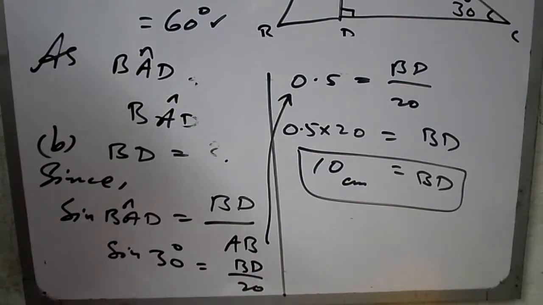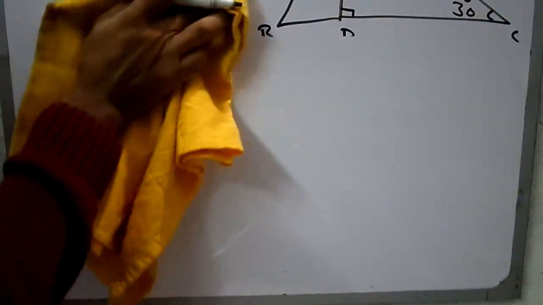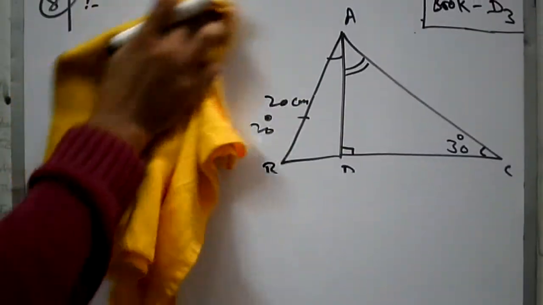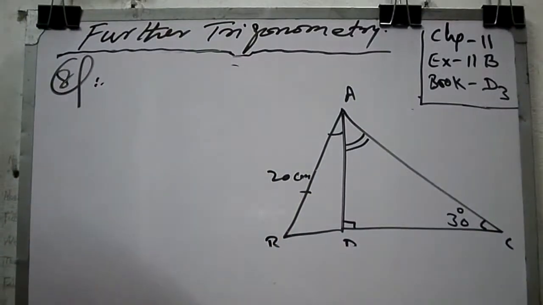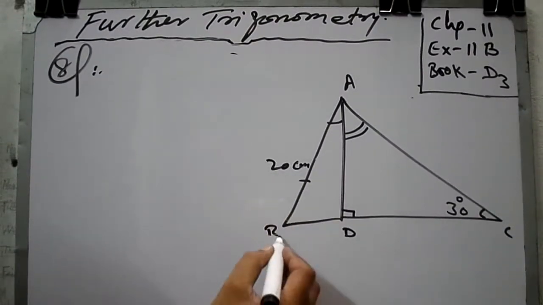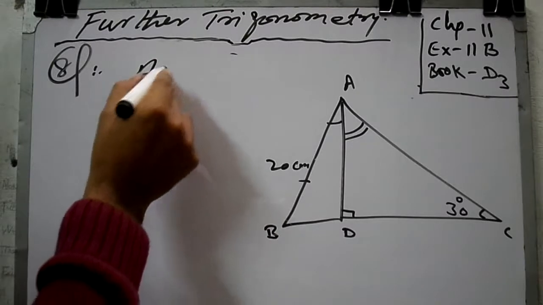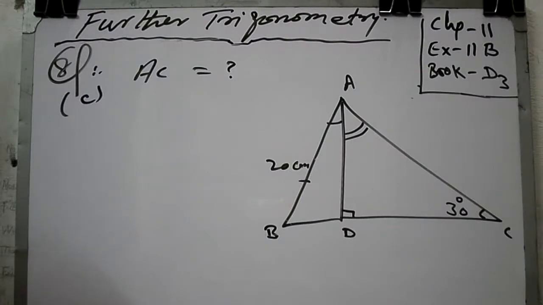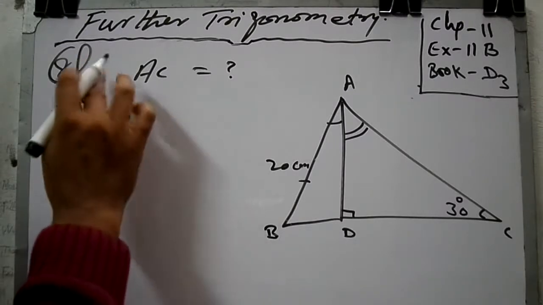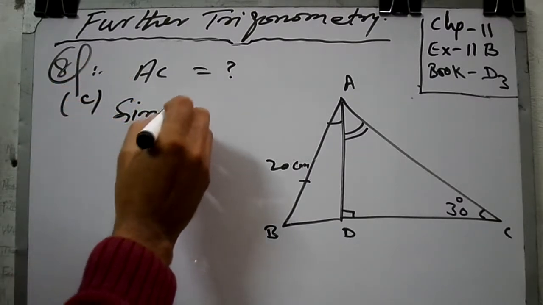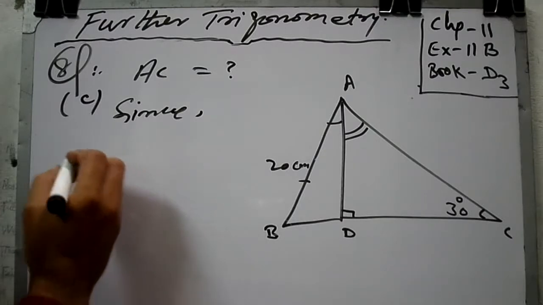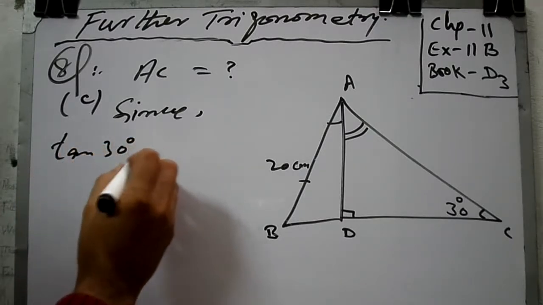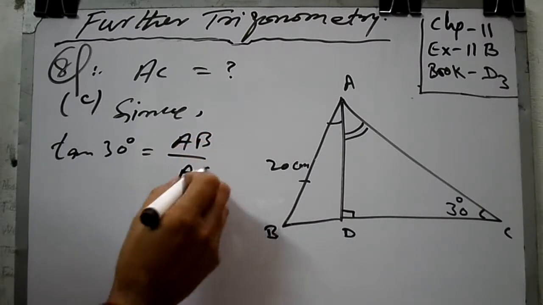Now in third portion we have to find the value of AC. In C portion we have to find the value of AC. How to find? Since tan 30 is equal to AB divided by AC.